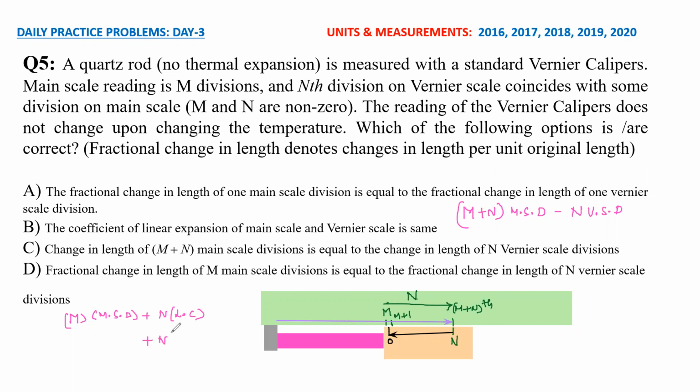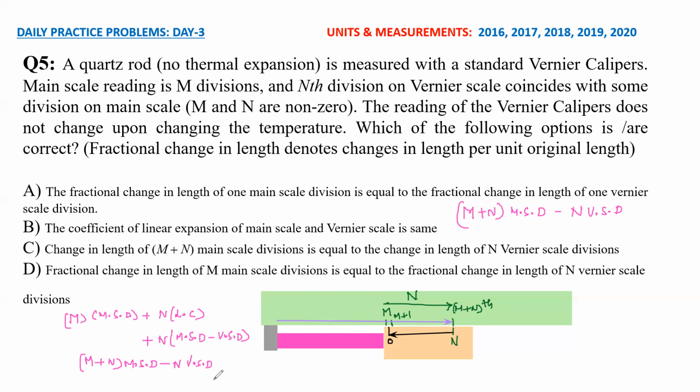Least count is nothing but, in a typical vernier, one main scale division minus one vernier scale division. So this also comes out to be m plus n main scale divisions minus n vernier scale divisions. So I hope you understand this.